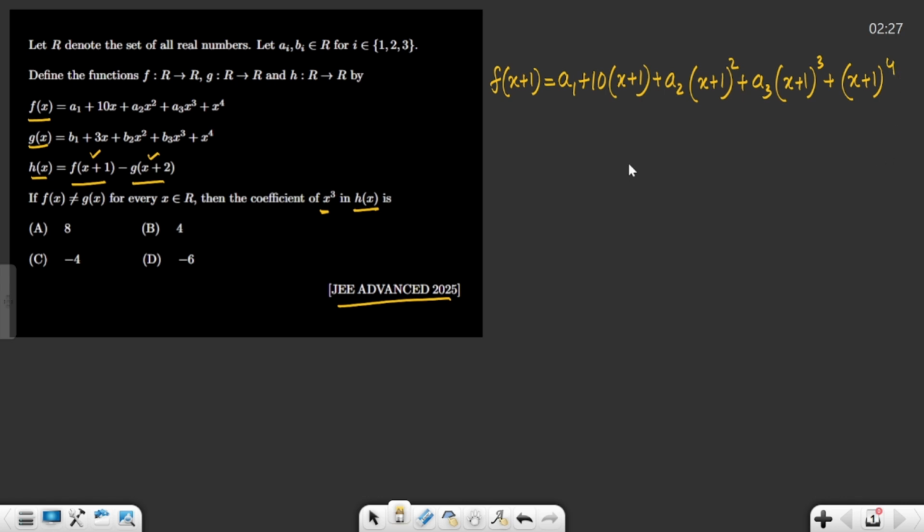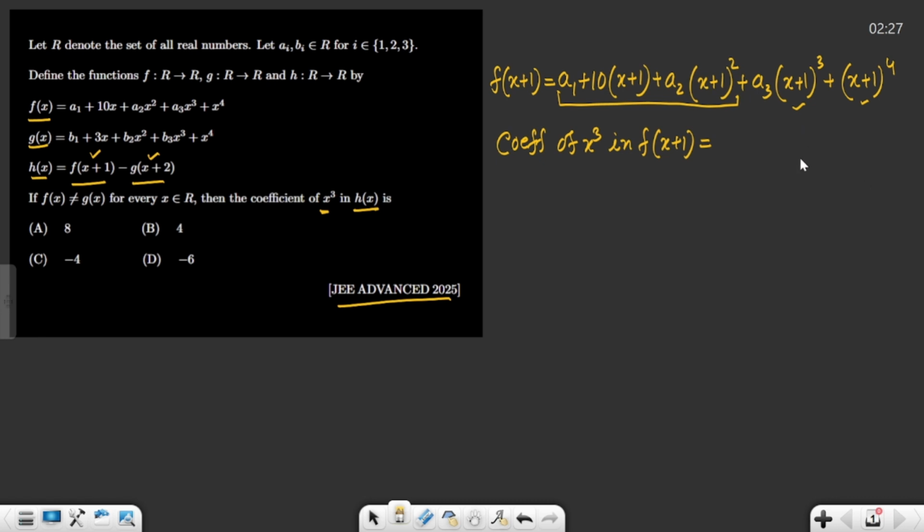Now to find the coefficient of x cube, we are not getting anything from the first part because the highest power of x there is 2. So we will get it from the last two terms. So the coefficient of x cube in f(x+1) is what it will be.